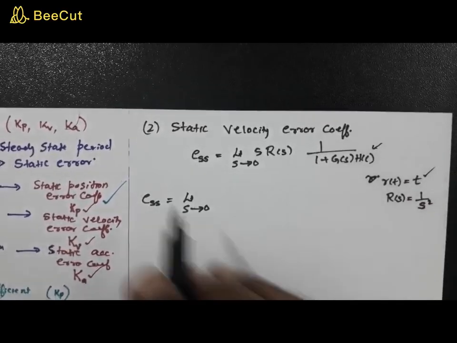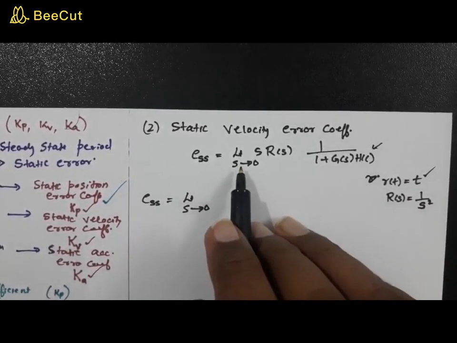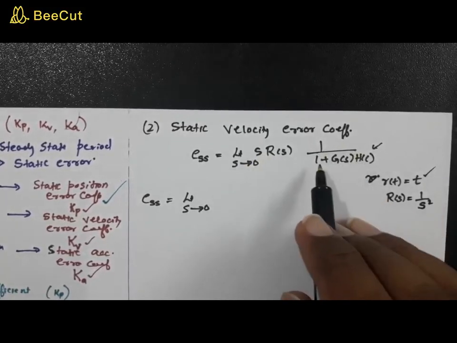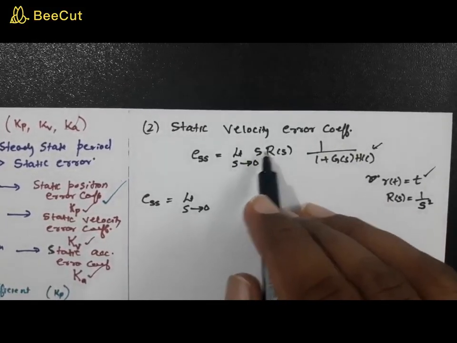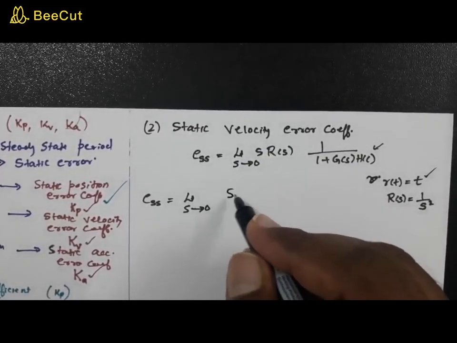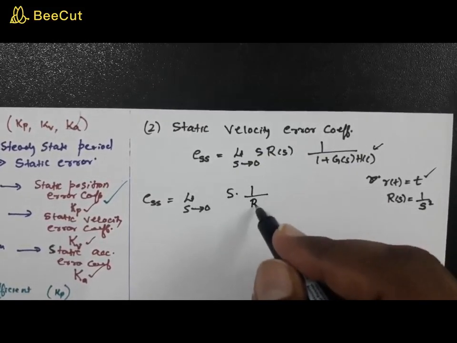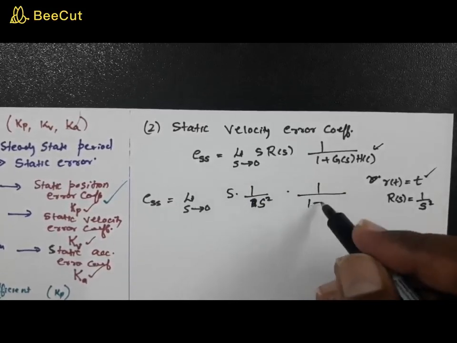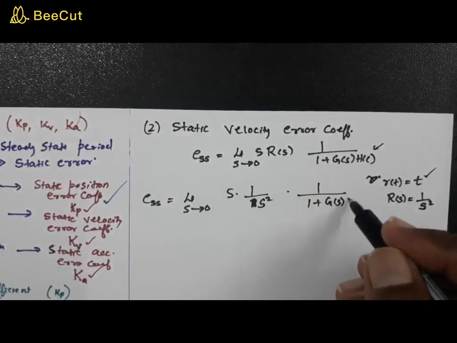Again, back to the steady state expression, which is given by limit s tends to 0 of s into R(s) into 1 by (1 plus G(s)H(s)). When you put R(s) to be 1 by s square, you will get s divided by s square into 1 by (1 plus G(s)H(s)).